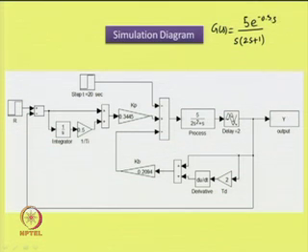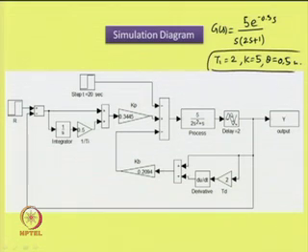So, we have a time delay of 0.5 seconds and the time constant T 1 equal to 2 seconds and K equal to 5 and theta equal to 0.5 seconds. So, these are the given parameters.